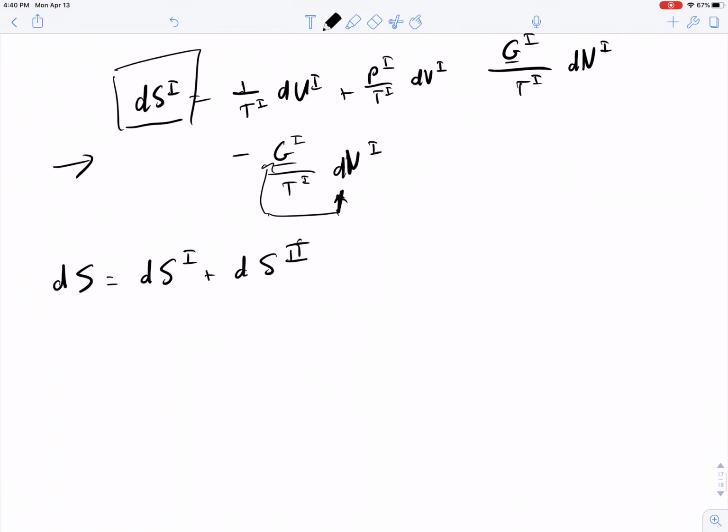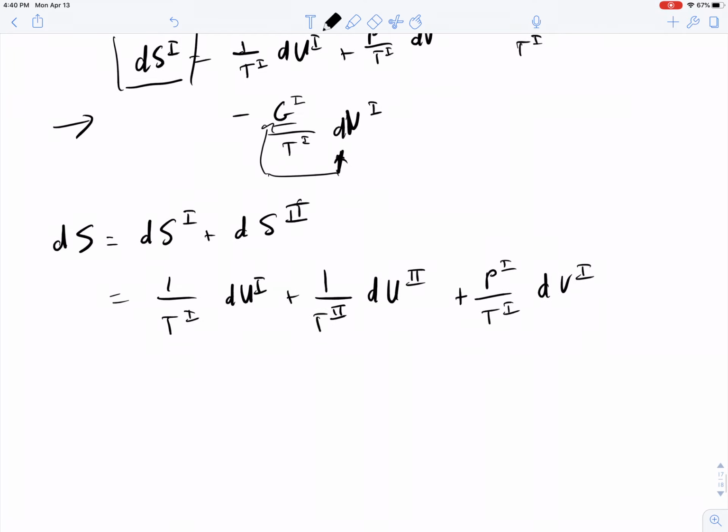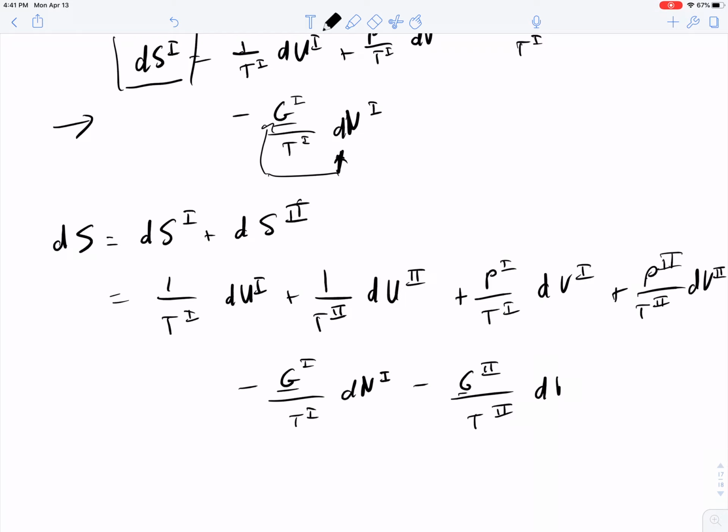Okay, so if we do this, we can use our substitutions from above to rewrite this equation. 1 over temperature 1 dU1 plus 1 over temperature 2 dU2 plus P1 over temperature 1 dV1 plus P2 all over T2 dV2 minus G1 over T1 times dN1 minus G2 over T2 dN2.